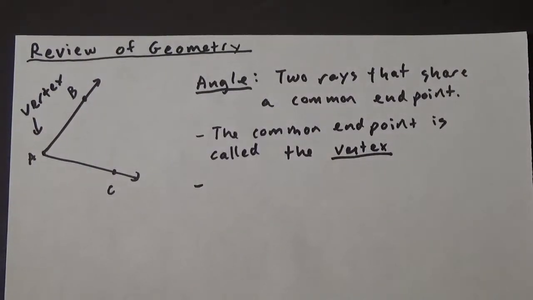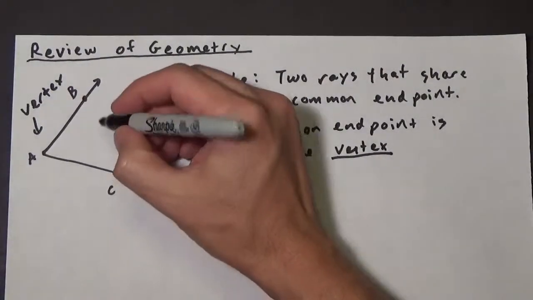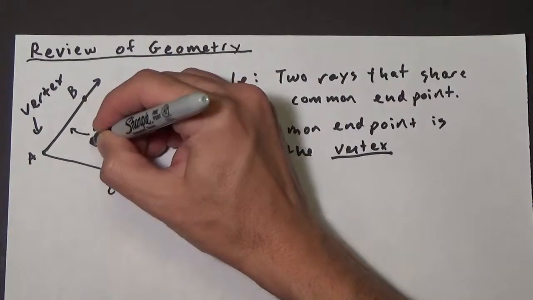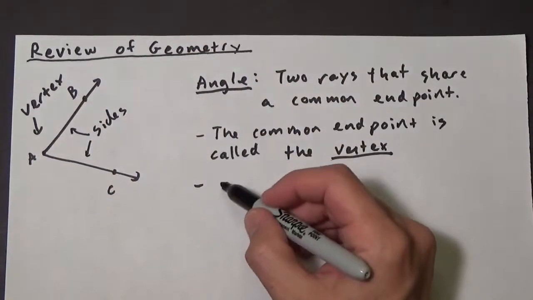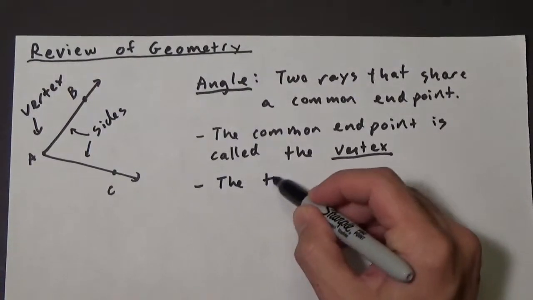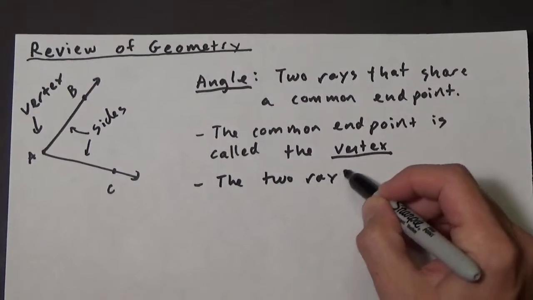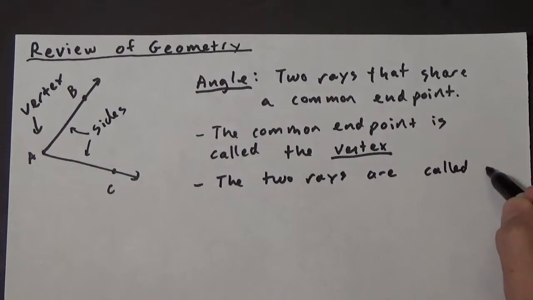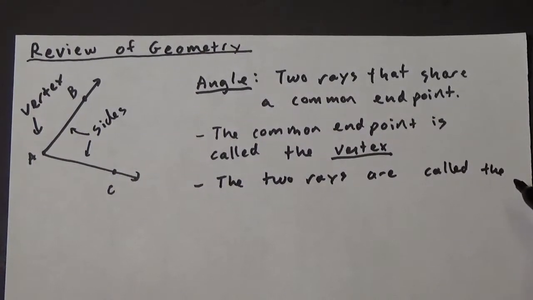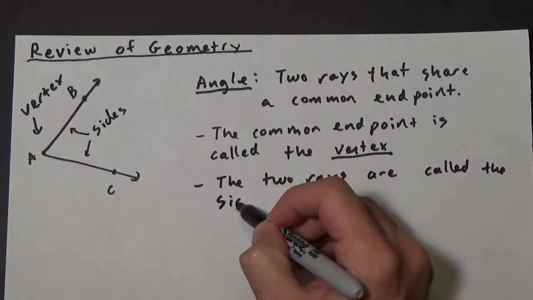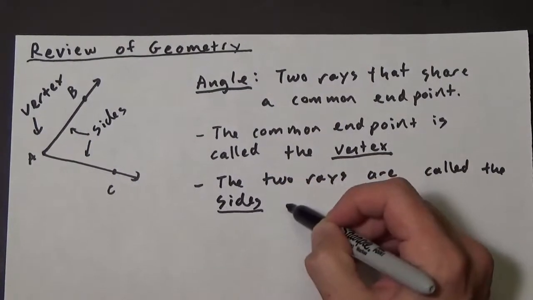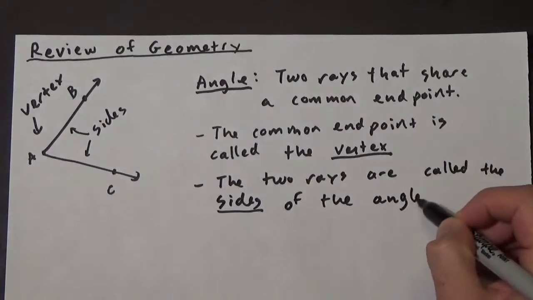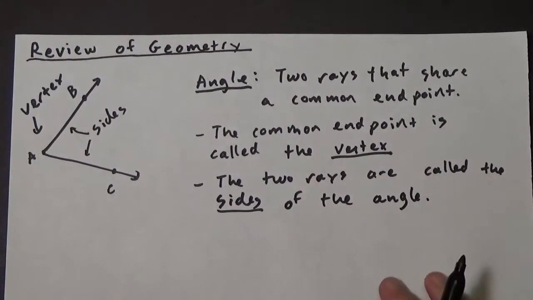And then the two rays we actually call sides. Those are the sides of the angle.